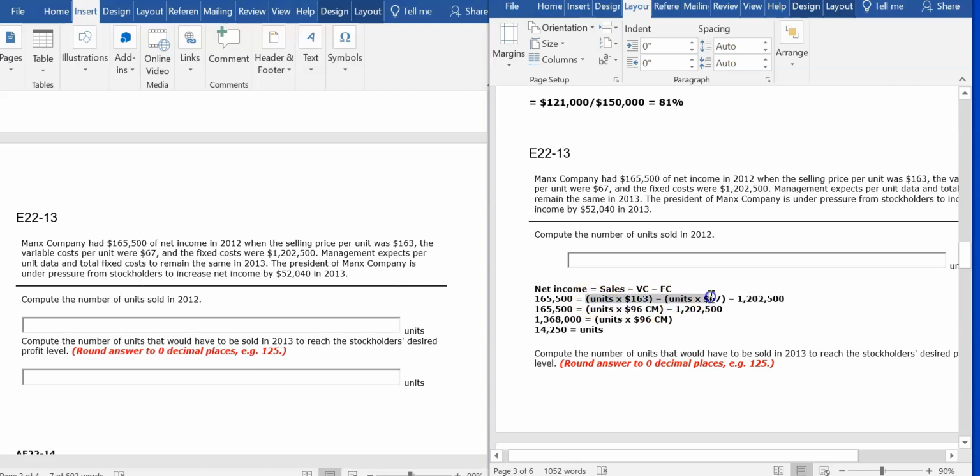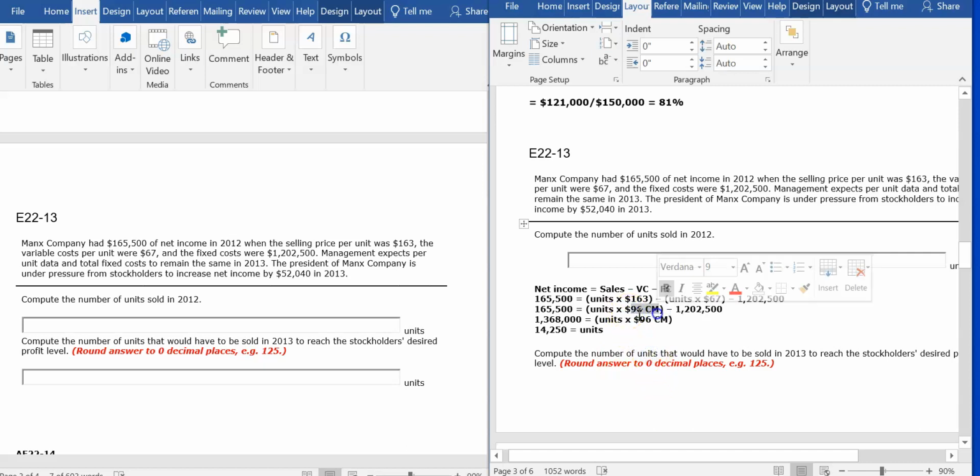So to simplify our formula algebraically, essentially what we can do is subtract the 163 times the number of units minus the 67 times the number of units, or our contribution margin of $96 per unit, selling price minus the variable cost gives us a $96 contribution margin.